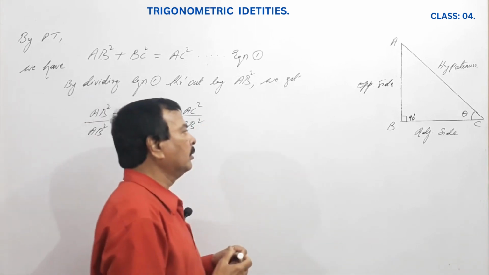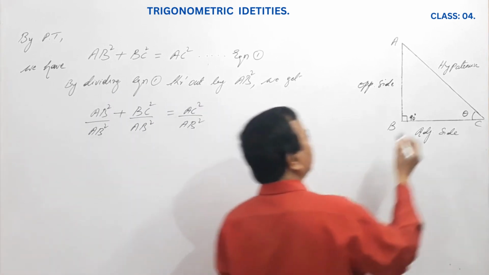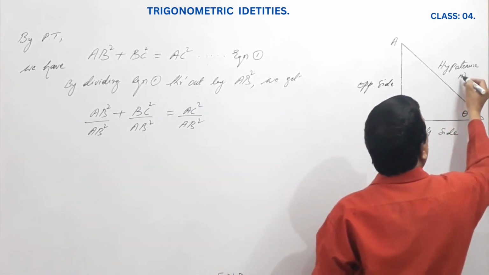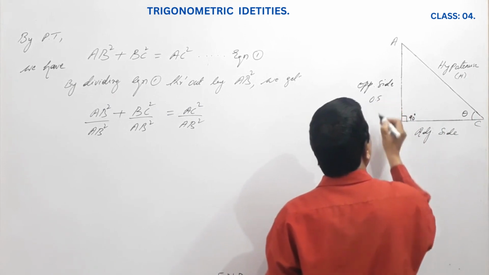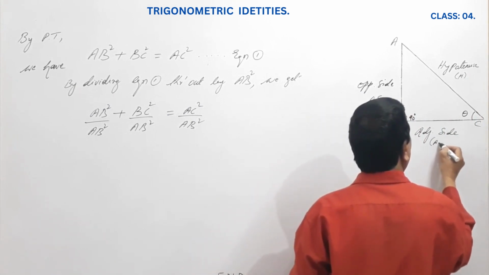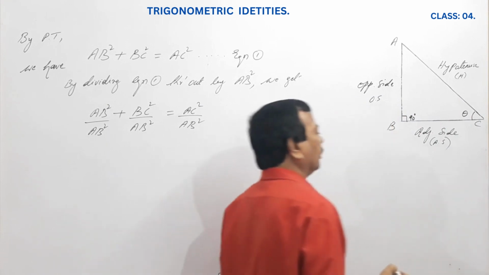Now, I will abbreviate this as hypotenuse, opposite side, and this is adjacent side.